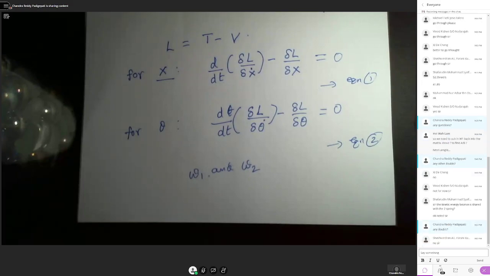So essentially, you need to write down the Lagrangian, then take the differentiation, apply the Lagrangian equation for x and theta. Whatever equations you get, that will be your partial answer. After that, you need to solve the equations just like the previous example, then derive the two frequencies.